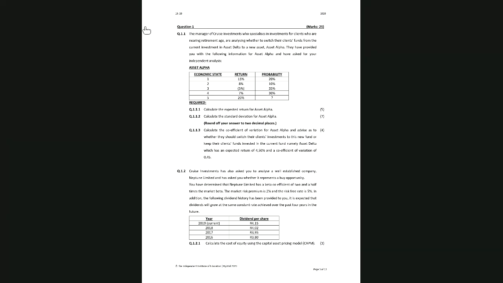Okay. And the only thing to say to you here for 1.1.3, remember that when giving this advice, your clients are retirees. They are nearing retirement age. So you have to take that into account when you're giving the advice.